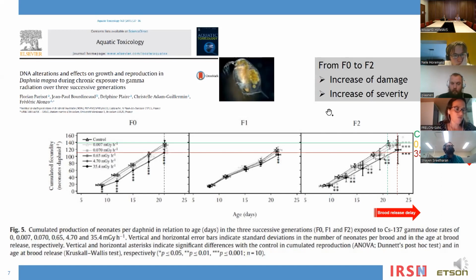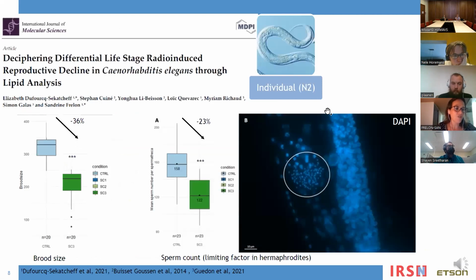That is the conclusion. The second example that I wanted to present deals with C. elegans gamma exposure. C. elegans is a quite well-known soil invertebrate, mainly self-fertilizing, useful to decipher mechanisms.